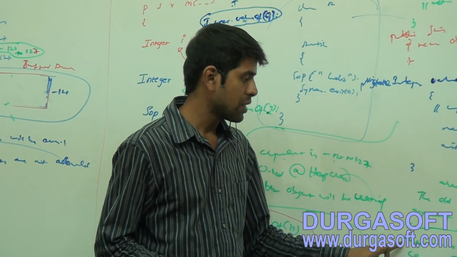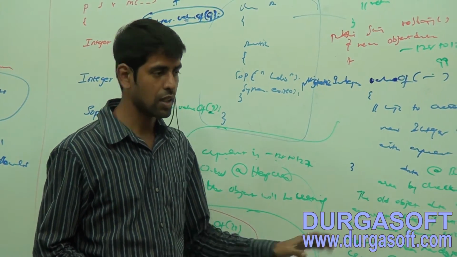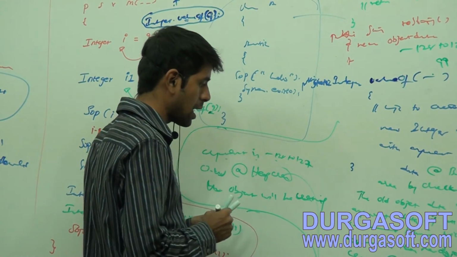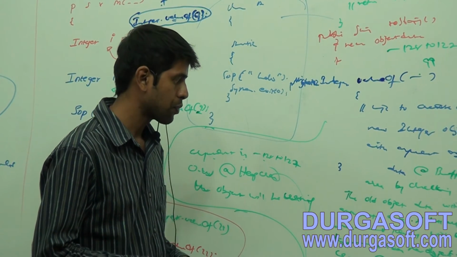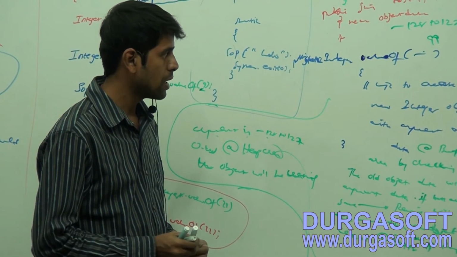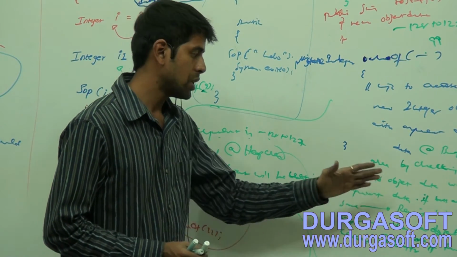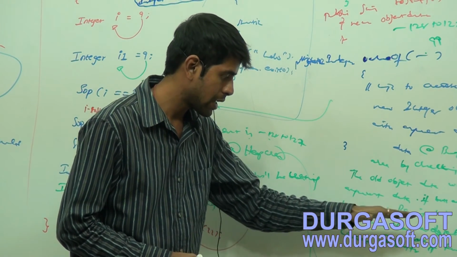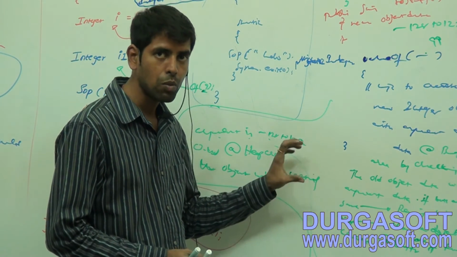Think that the same is not there, different is also not there. If the old object data and argument data are both the same, it will reuse. If both are different, it will create, and there is one more condition here.